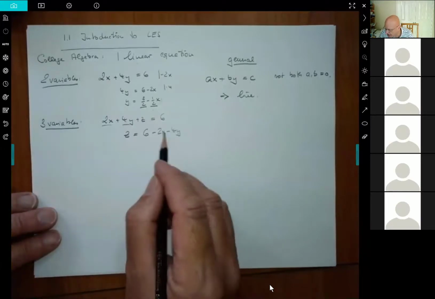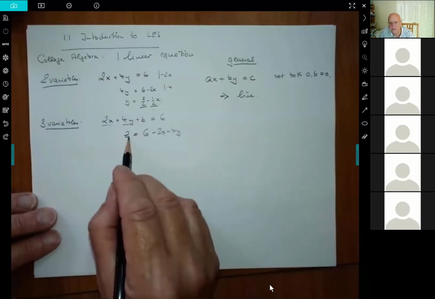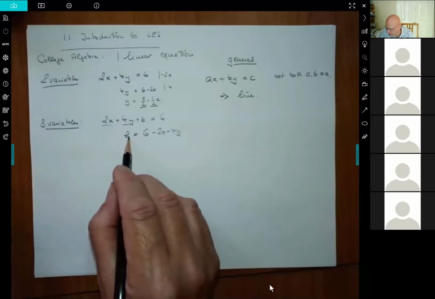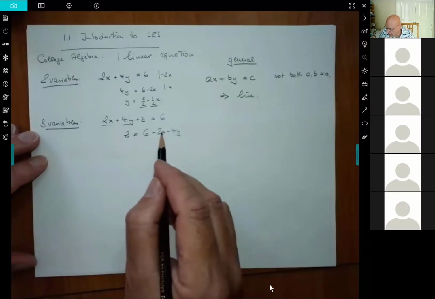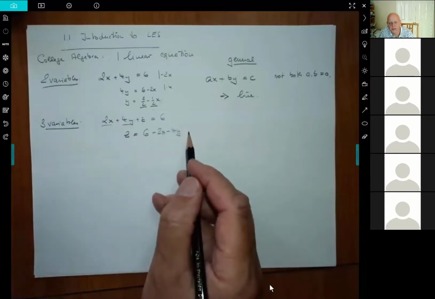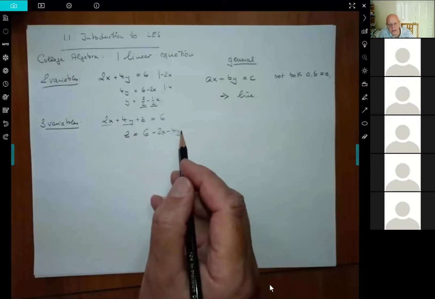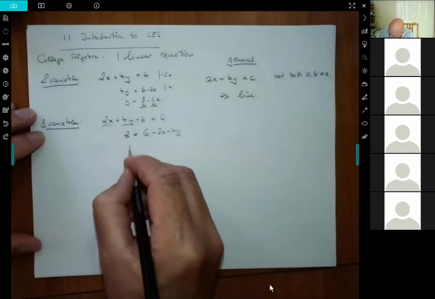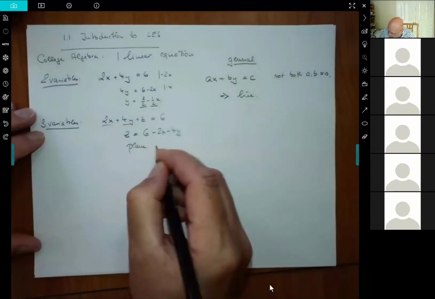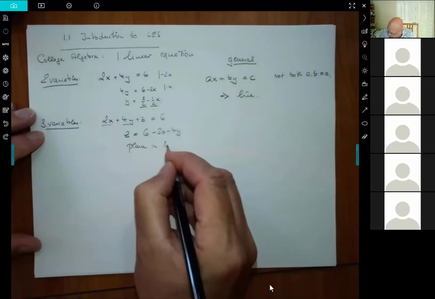So for every x and y, you get a z value. And again, when you think about what you get here, if someone asks what all possible solutions are, what is a picture for it? The picture would be a plane. So again, here we would get a plane in 3D.